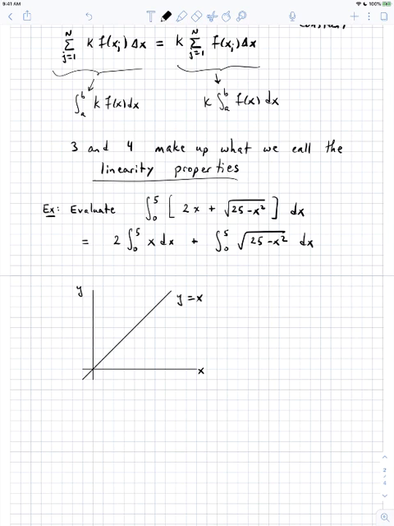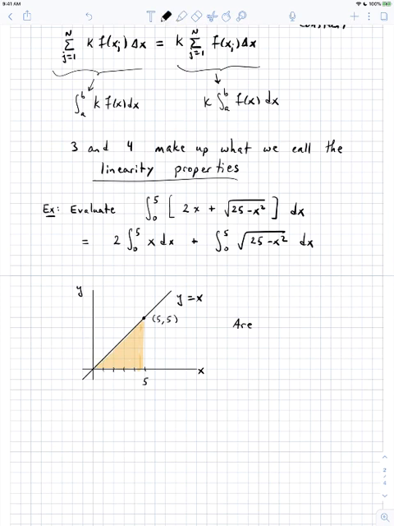And we're going from 0 to 5. 1, 2, 3, 4, 5. There it is. This point right here is 5, 5. And what we're looking for now is the area underneath the curve. Well, this particular curve is a straight line, and the area underneath it is the area of a triangle.